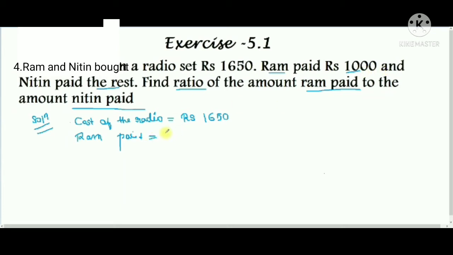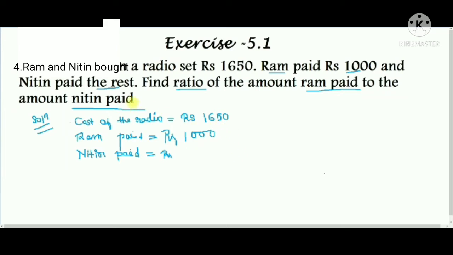Ram paid 1000, right? So here we will write 1000. And the rest of the money was paid by whom? Nitin. So here we will write Nitin paid rupees how much? The rest of the money, right?